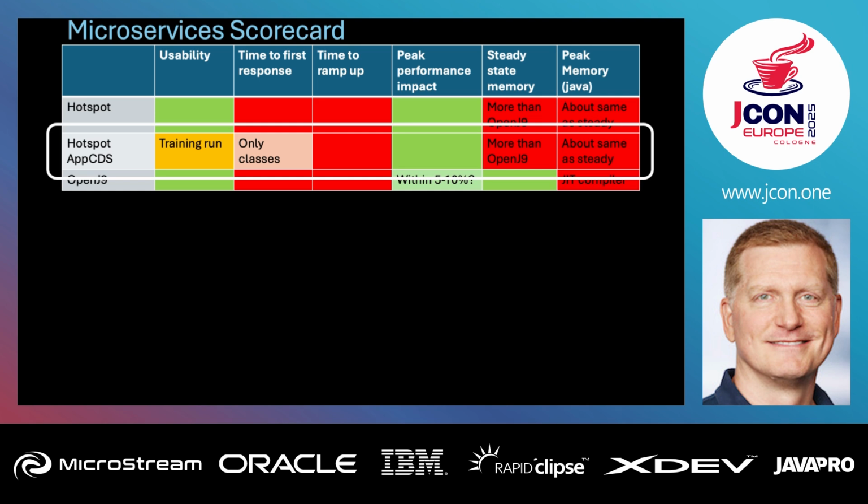And it doesn't really help with ramp up a little bit. Maybe I should have made these both kind of pink, because there are classes being loaded during ramp up, so that does help with accelerating that a little bit too. Peak performance doesn't change, and neither do the memory consumptions change. At least I didn't measure it when I was doing runs for the workshop.